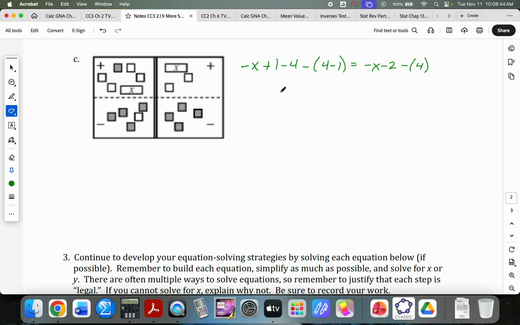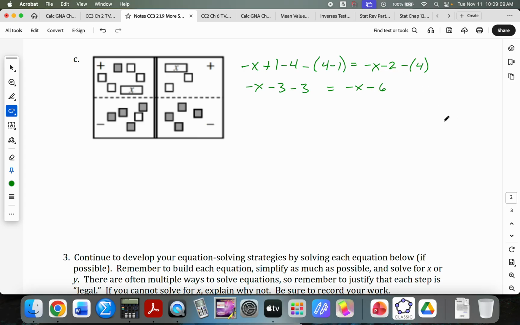All right, let's see if we can clean this up a little bit. Over here, we're going to have negative x, and 1 minus 4 is what? Anyone? Negative 3. Minus 4 minus 1 is 3, equals negative x. What's negative 2 minus 4?